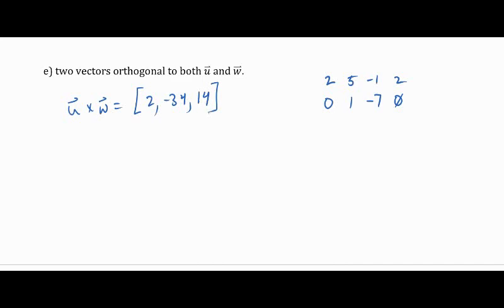So that's one vector. So can I come up with another one? Well, it's just going to be a scalar multiple of that. I could take the opposite of that. I could do all kinds of things. So how about negative 1, positive 17, and negative 7. So I did the opposite, and I scalar multiplied it by half, just because it looked like it reduced nicely. Okay.